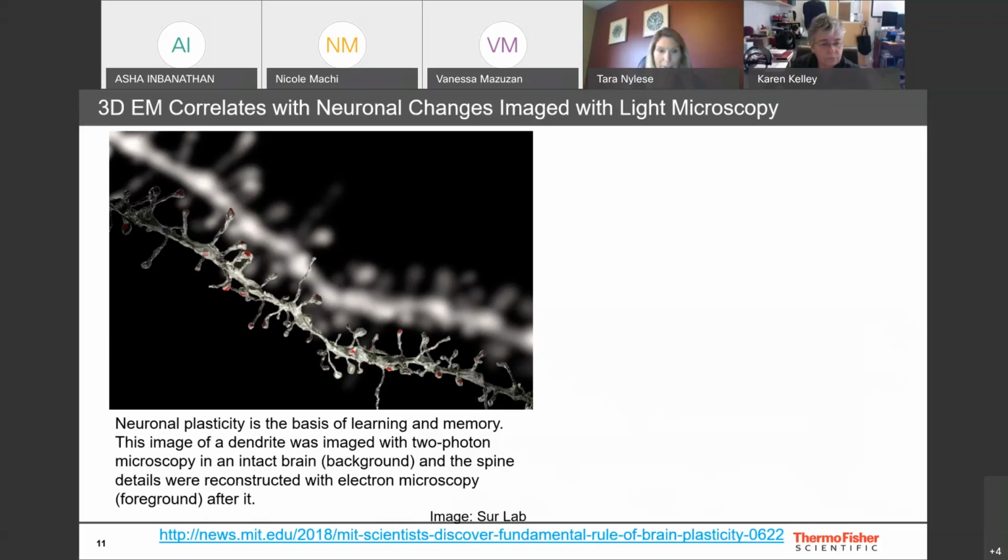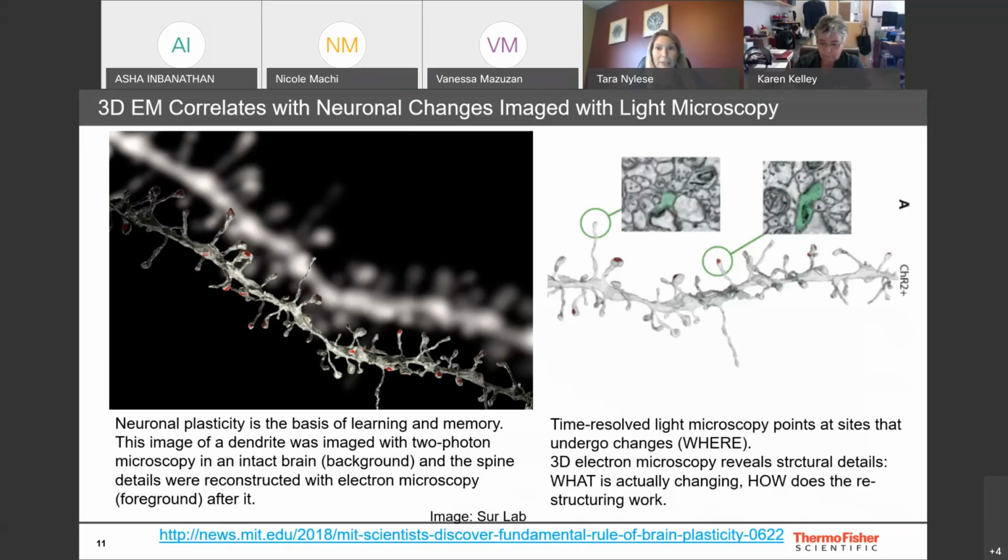So this was a mouse with the microscope on it in live time, and the mouse was exposed to a stimulus. I think it was a flashing light. And each time the stimulus fired, the response in the brain was measured.